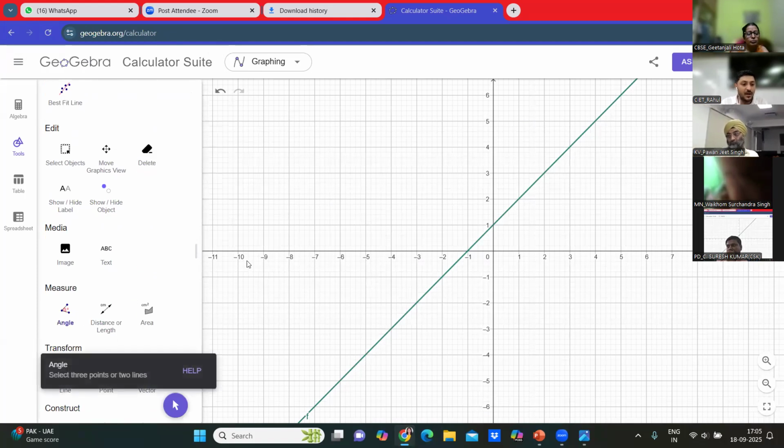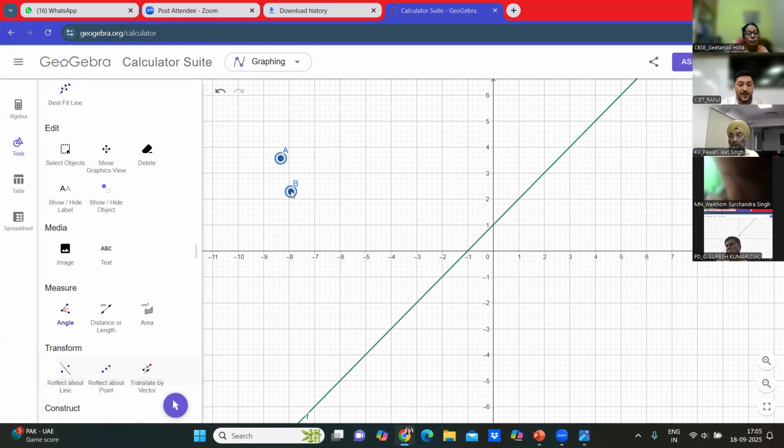If we want to make an angle, select 2 points or 2 lines. Here we make an angle.